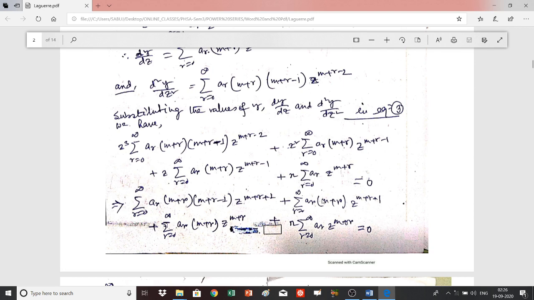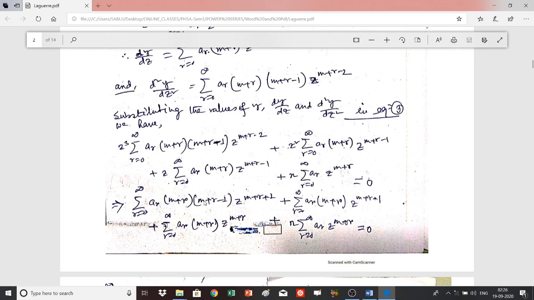Then a r (m plus r) z to the power m plus r plus 1, and then the sum of a r (m plus r) z to the power m plus r, since z is multiplied here, and after that n times the sum of a r z to the power m plus r.